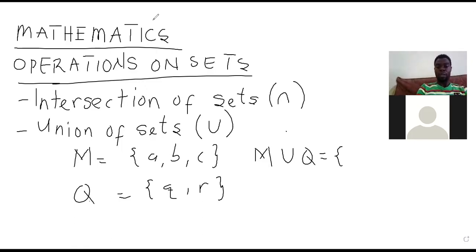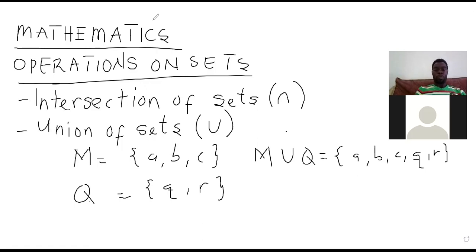So M union Q should be equal to A, B, C, Q, R. That'll be M union Q.